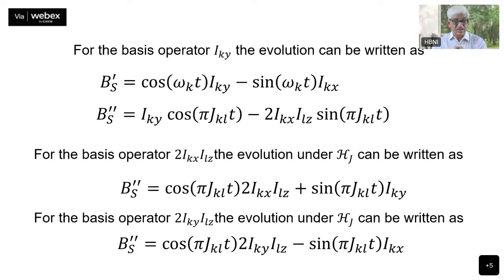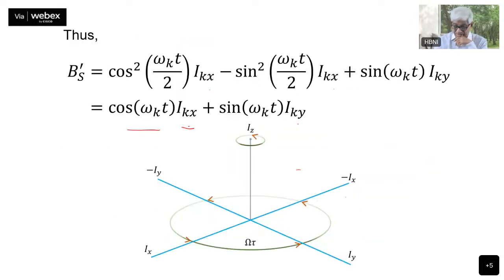So that was for the Kx operator. Now we can do the same exercise for the Ky operator. Ky gives you cosine(omega_k t) I_ky minus sine(omega_k t) I_kx, because you remember this picture: Ky goes to Ky minus Kx.